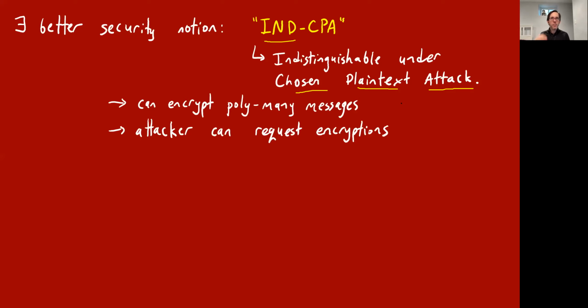You want to support the ability to encrypt polynomially many messages in the security parameter. And you also want to allow a very powerful adversary who can request that Alice give the encryption of some messages. So the adversary maybe tricks Alice into encrypting a bunch of messages, and maybe in that way tries to learn something about the secret key.